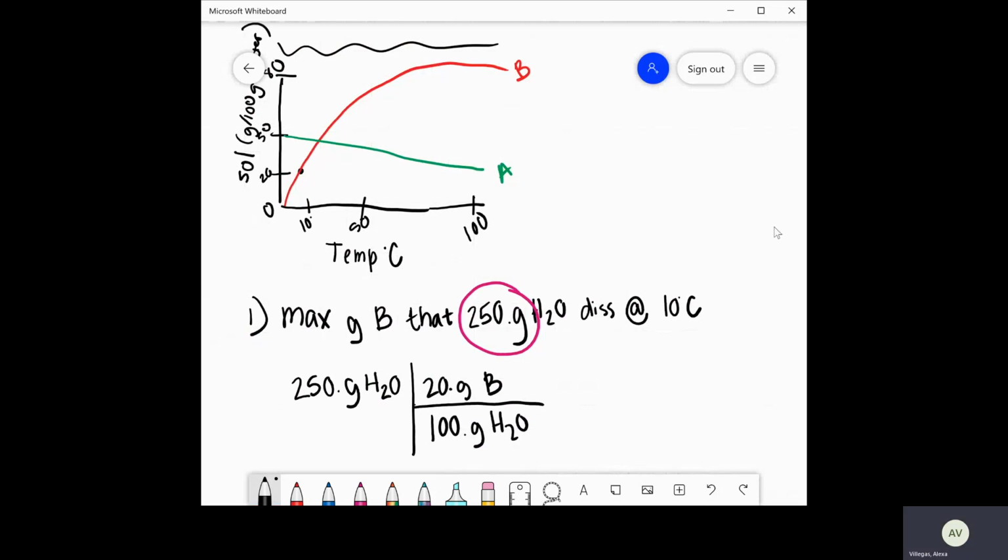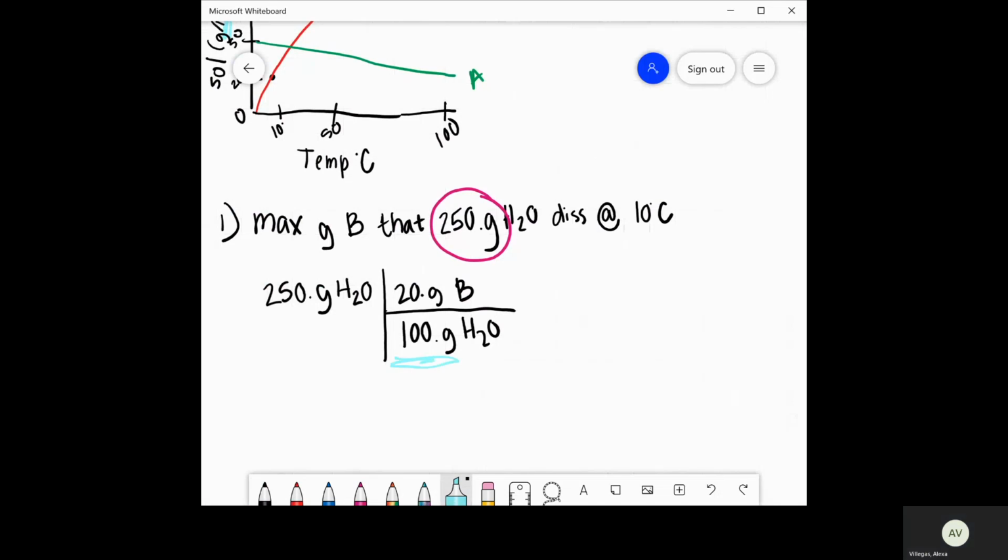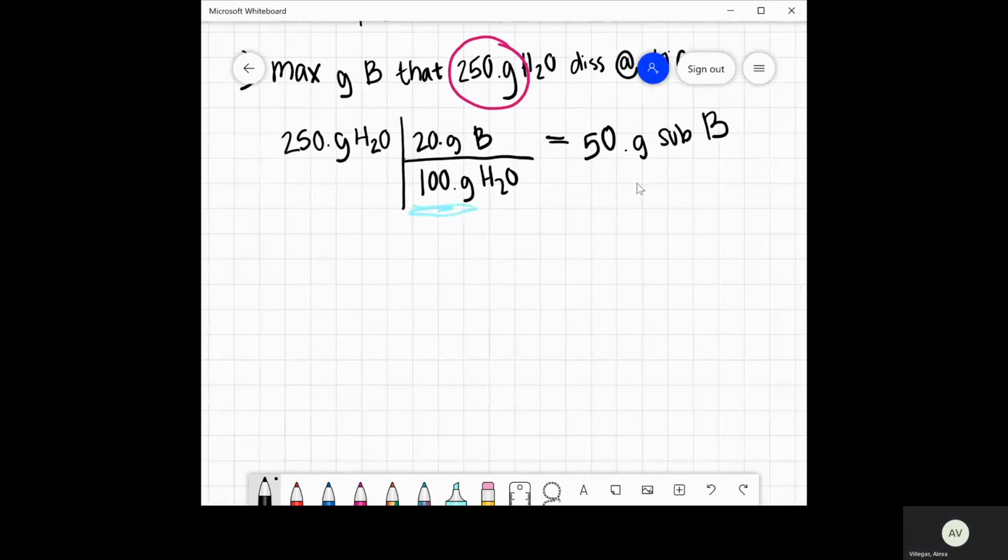And you were told right here that all of your grams are per 100 grams of H2O. So that's where the 100 comes from. So you calculate this across, and you will get 50 grams of substance B. And that's the max that you can handle at 10 degrees Celsius.